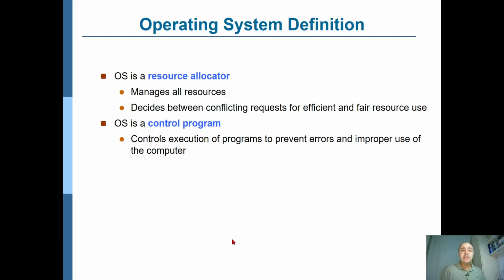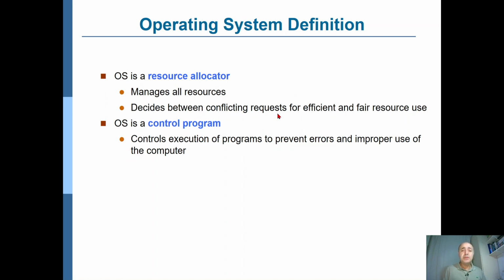So the operating system is acting as a resource allocator. This resource is allocated to this application for this task for a limited time, and when the task is achieved, I will reallocate the same resource to another application.